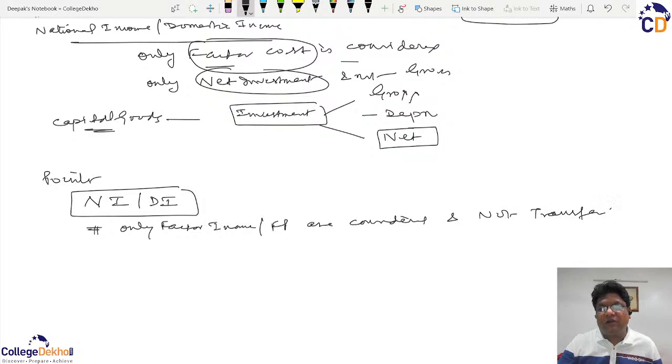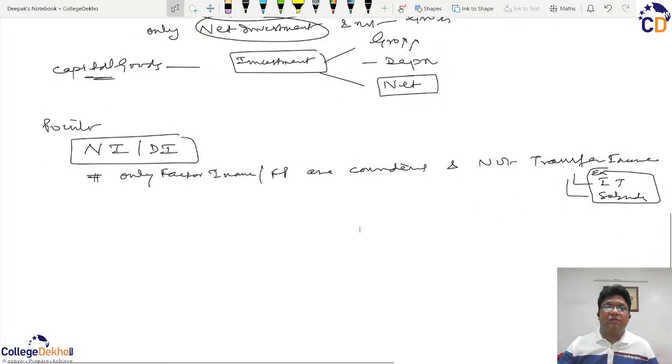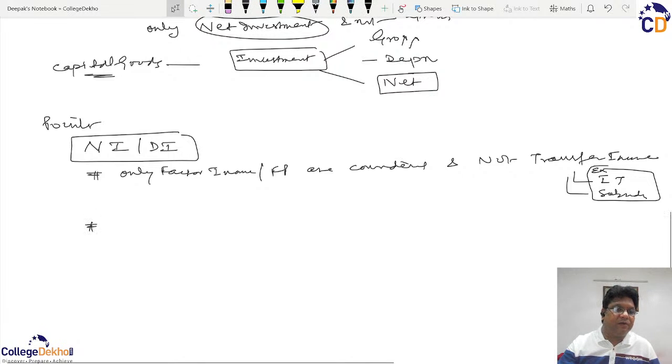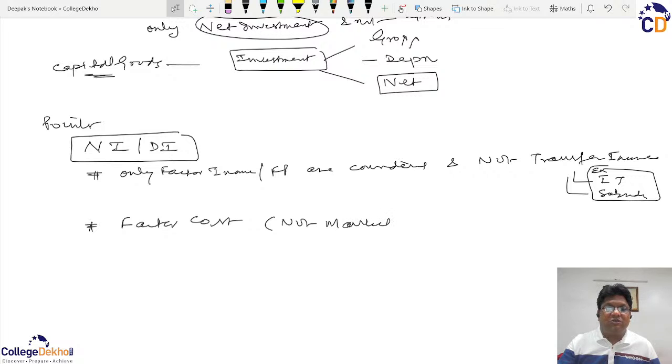So no transfer income will be a part of the national income calculation, and this indirect tax and this subsidy are a kind of transfer incomes, and hence they have been taken off, which implied that national income or the domestic income is always at factor cost and not the market price, because market price will include the transfer incomes.